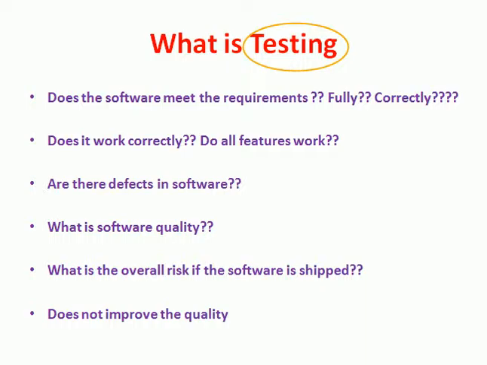Now, all these things are very important from a business point of view, because the software is meant for the users, and users need to be satisfied when they are using the software. So it is very important that objective testing is done, and in objective testing all these things are found out.